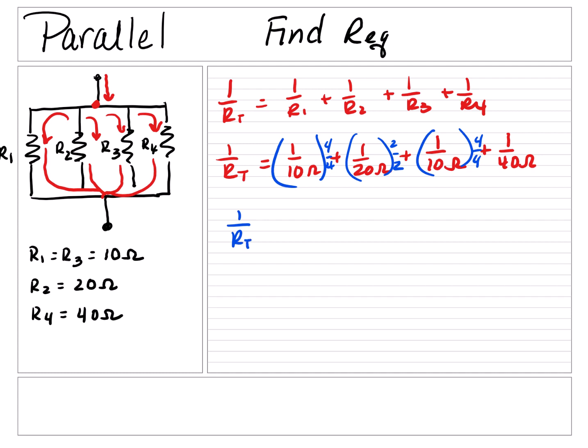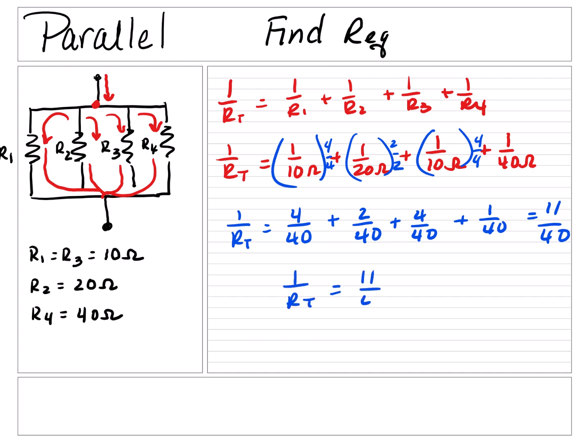So 1 over RT is equal to 4 over 40 plus 2 over 40 plus 4 over 40 plus 1 over 40. So 4 plus 2 plus 4 plus 1 is 11 over 40. So 1 over RT is equal to 11 over 40.